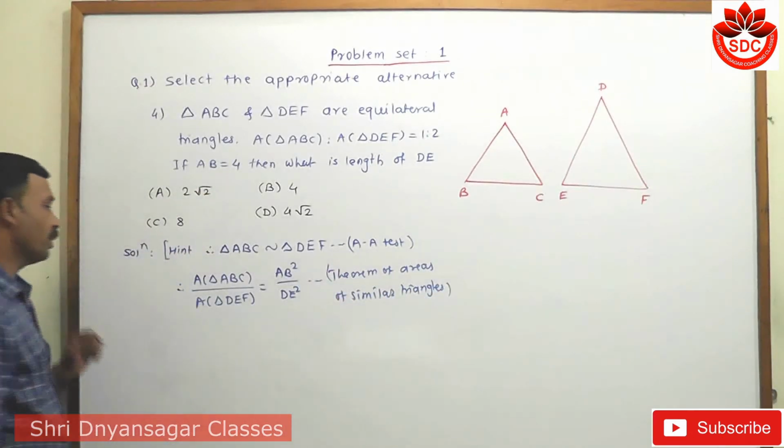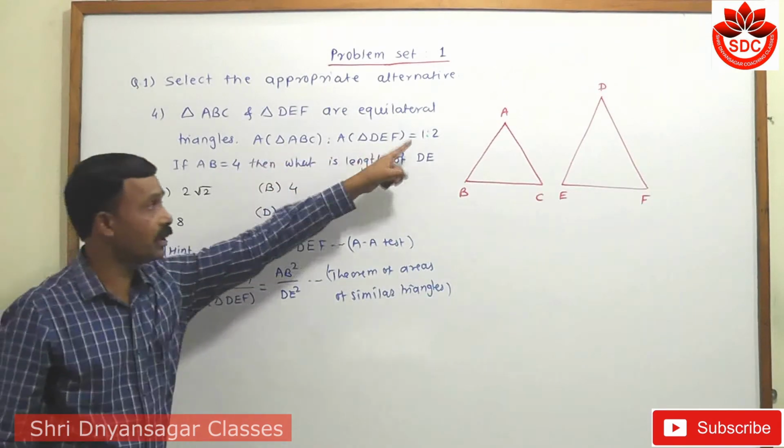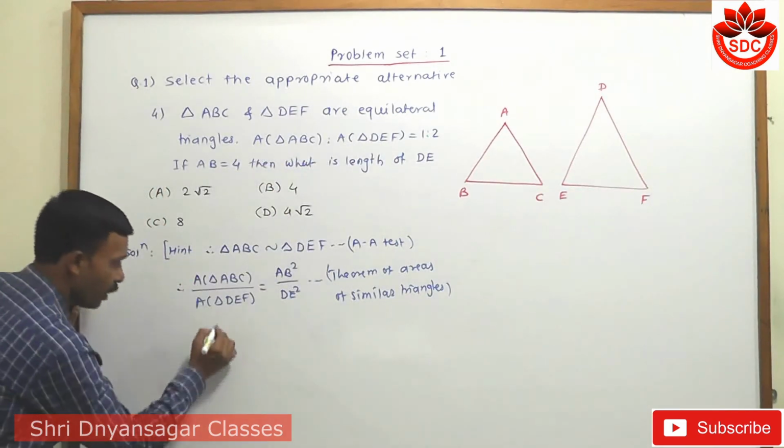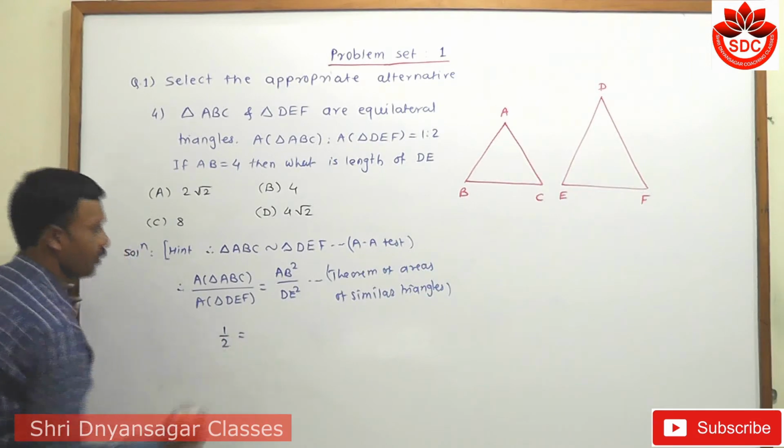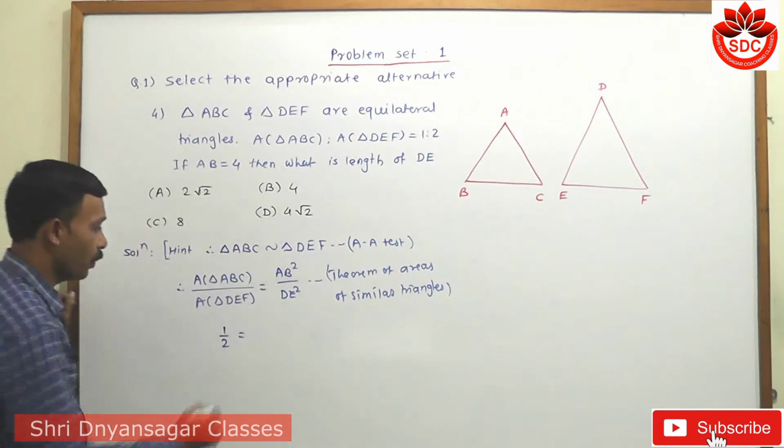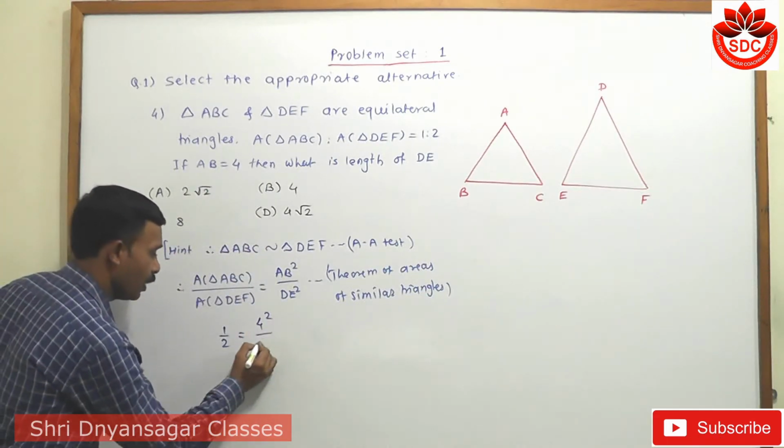Then students, we substitute the values. This ratio 1:2 is given here. I directly substitute this value: 1:2 is equal to AB, which is also given as 4, so 4 square upon DE square.